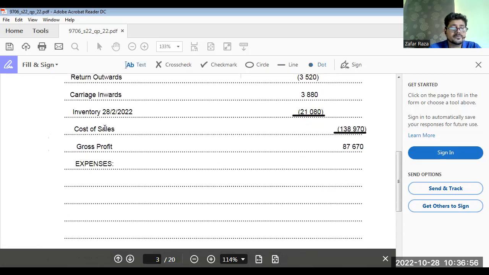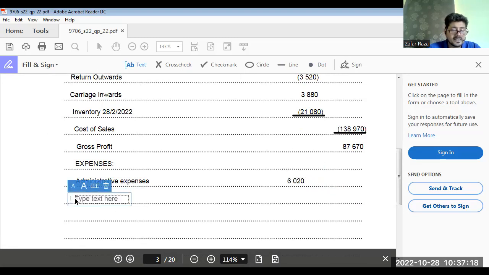Now administrative expenses. How much? 6,020.